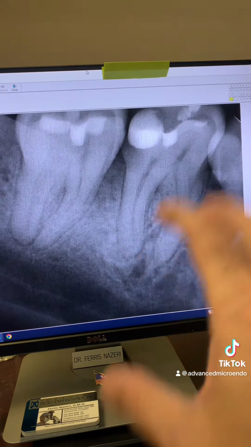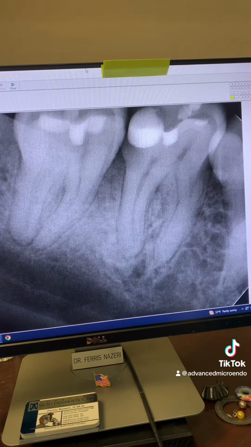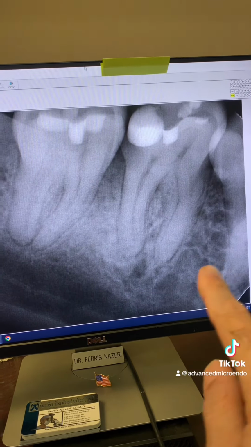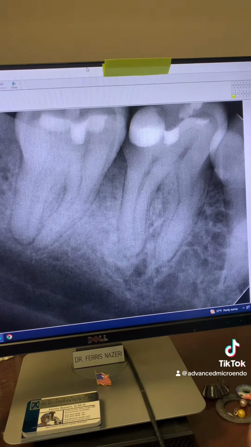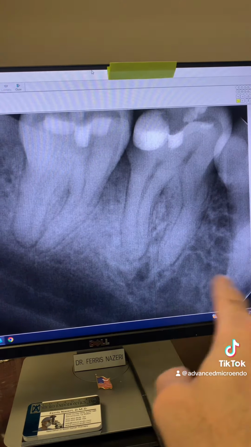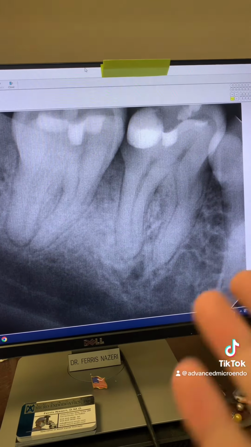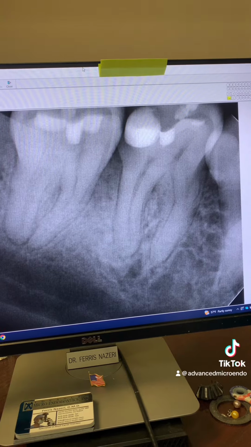Somehow bacteria, microorganisms got inside of the canals of this tooth and caused those periapical radiolucencies. Again, before the root canal, there were no periapical radiolucencies. And it looks like this was a vital tooth, vital pulp.